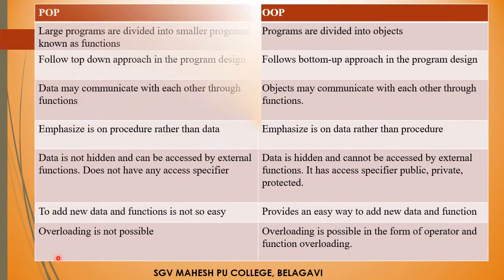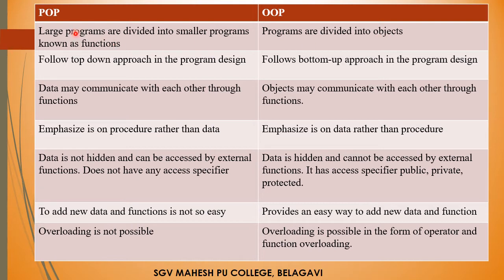Now let's understand the difference between procedure oriented programming and object oriented programming. In procedure oriented programming, large programs are divided into smaller programs which are known as functions. But in object oriented programming, programs are divided into objects.